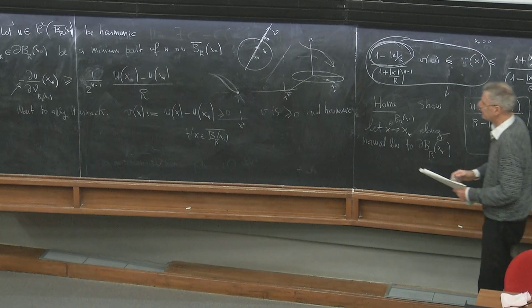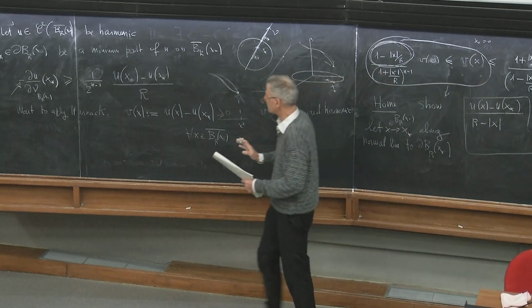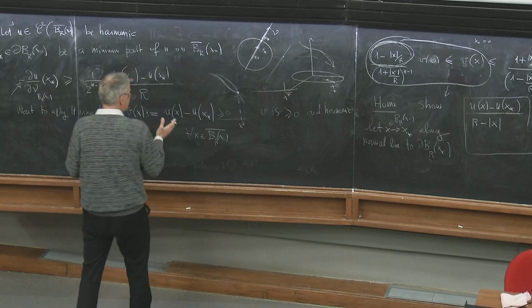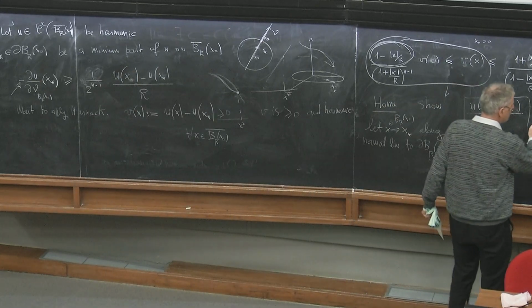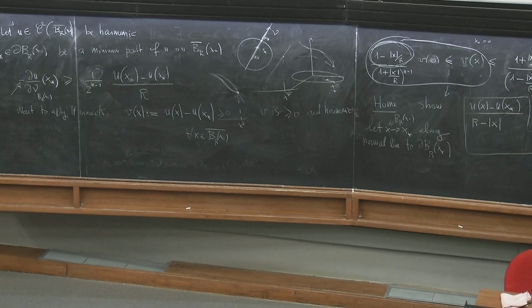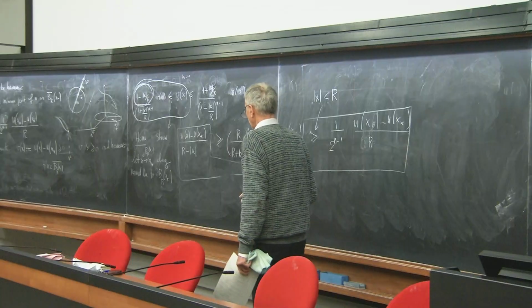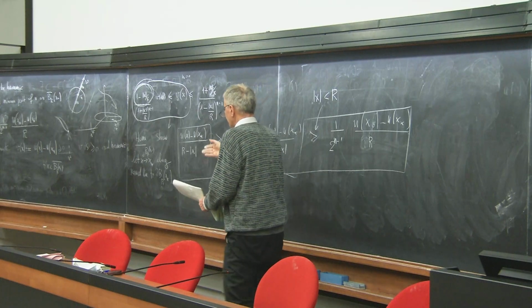So the details, you can fill them. You have to compute this. From this to this is almost immediate. You have to use the Harnack inequality. Maybe you have to check the constants here. And then you pass to the limit along a specific direction.